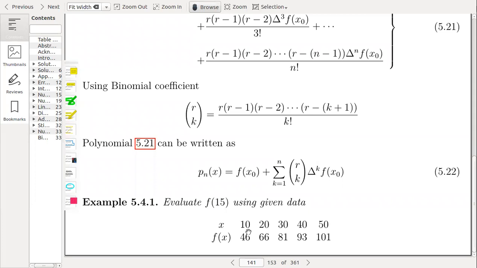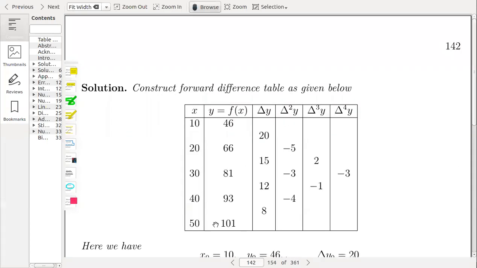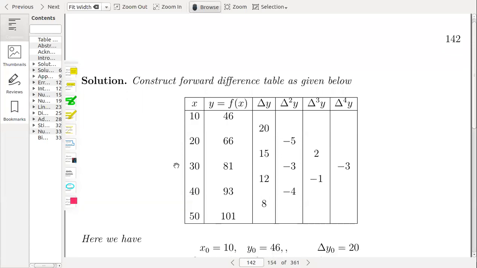And what is the difference between the consecutive numbers on the x-axis? So 20 minus 10 is 10, 30 minus 20 is 10, 40 minus 30 is 10, 50 minus 40 is 10. So here we can easily take the value of h is equal to 10.